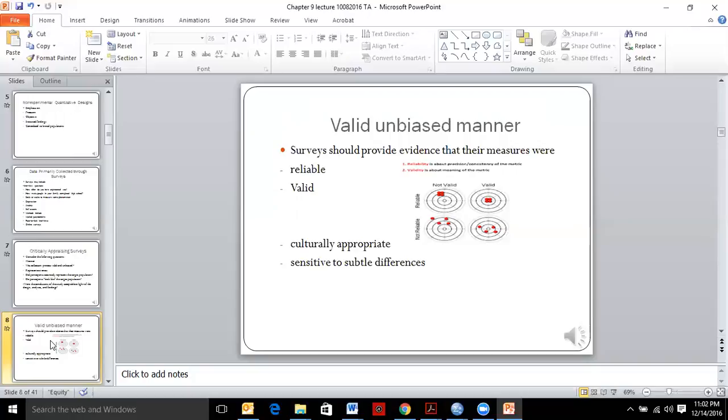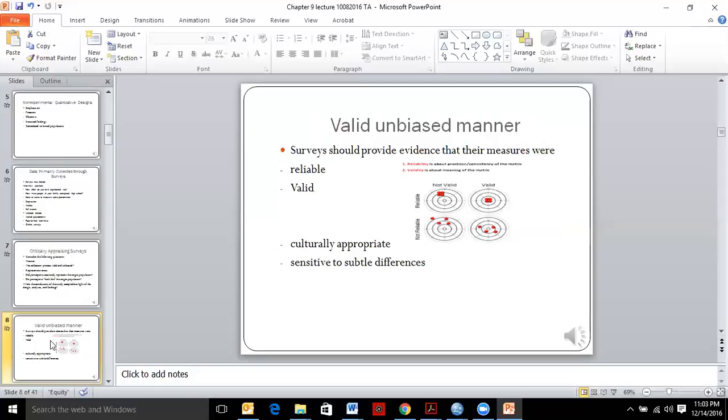When we say valid, we look at the meaning of the metric. A valid measure means this survey or this scale measures what we want to measure. And this picture here explains it a little bit more.